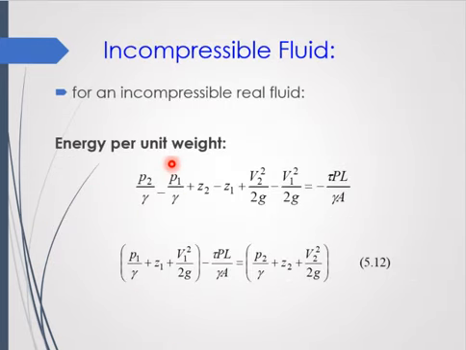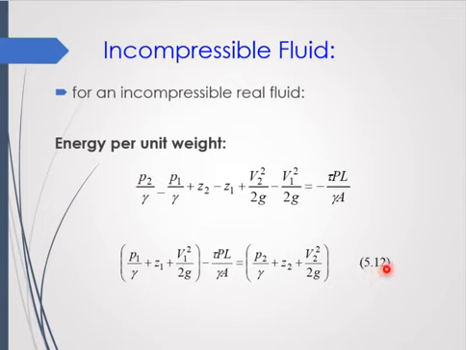P2 over gamma minus P1 over gamma plus Z2 minus Z1 plus V2 square over 2g minus V1 square over 2g equals minus tau PL over gamma A. Or we can arrange the equation like this: P1 over gamma plus Z1 plus V1 square over 2g minus tau PL over gamma A equals P2 over gamma plus Z2 plus V2 square over 2g.